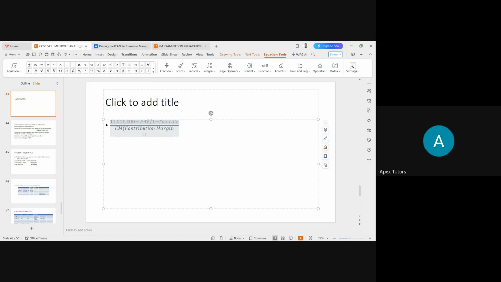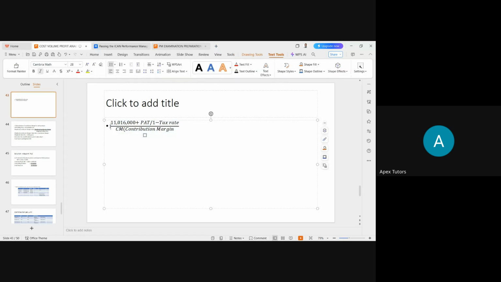Now, do we have profit after tax? We are trying to determine our sales revenue. Because it's unknown, let's make that our X. That is what we're trying to determine, the sales revenue.